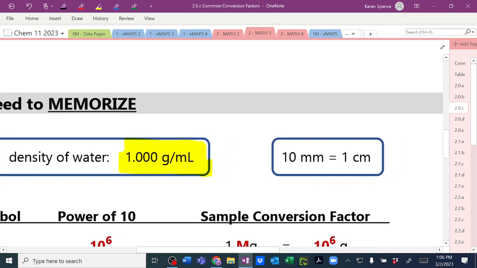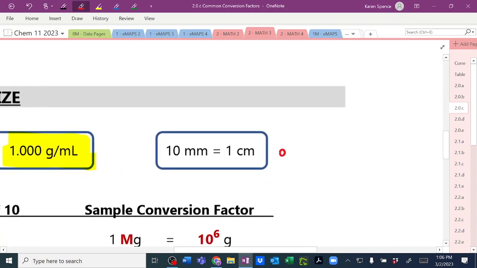And finally, this one is actually optional, because we're going to learn all of our metric conversions, and you can derive this from your other metric conversions. So if you don't know this one, it is not the end of the earth.